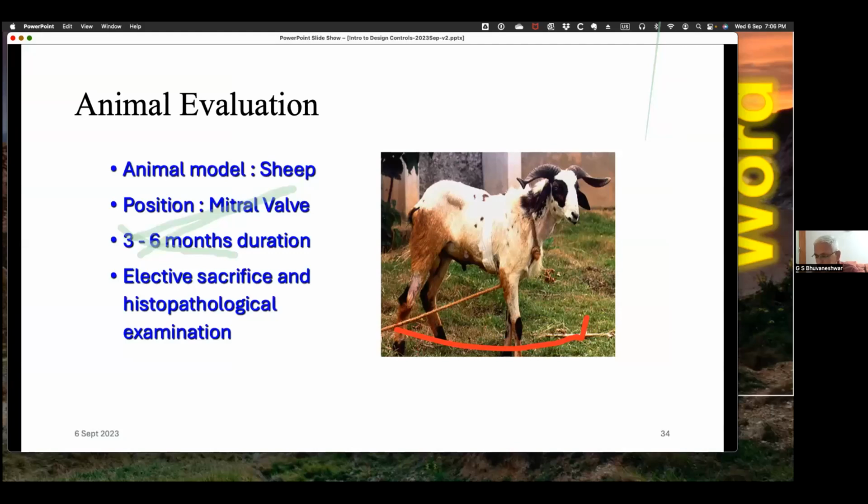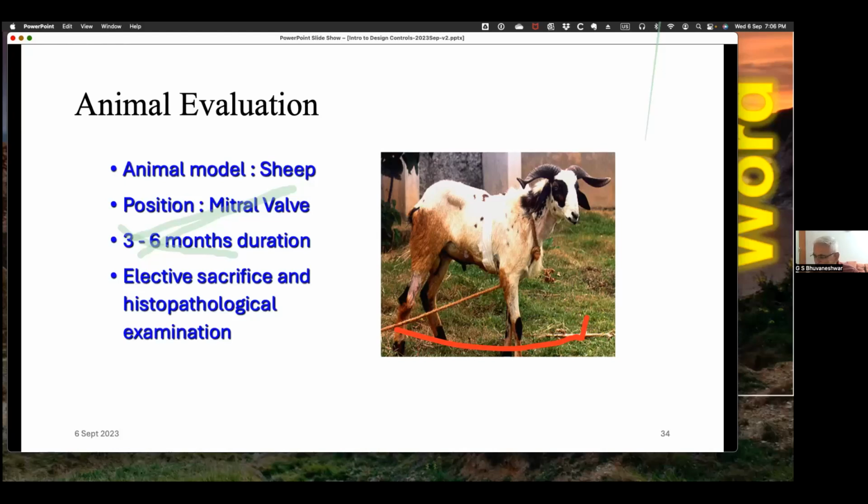And the last one, of course, was our animal evaluation. In fact, animal studies can be really challenging and expensive. And it took us about 1.5 years to get the right animal model. We started with dogs, then we went on to calf, because at the time calf was being used in the total heart studies in the US, but that did not work for us.